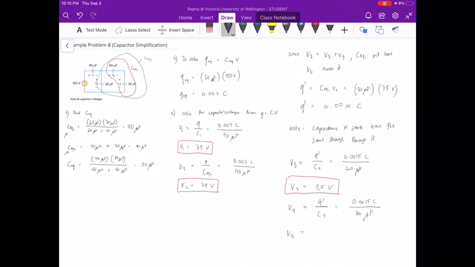V4 then is equal to 50 volts. And now we have solved for all the voltages across all capacitors. So I'm just gonna box it for emphasis.